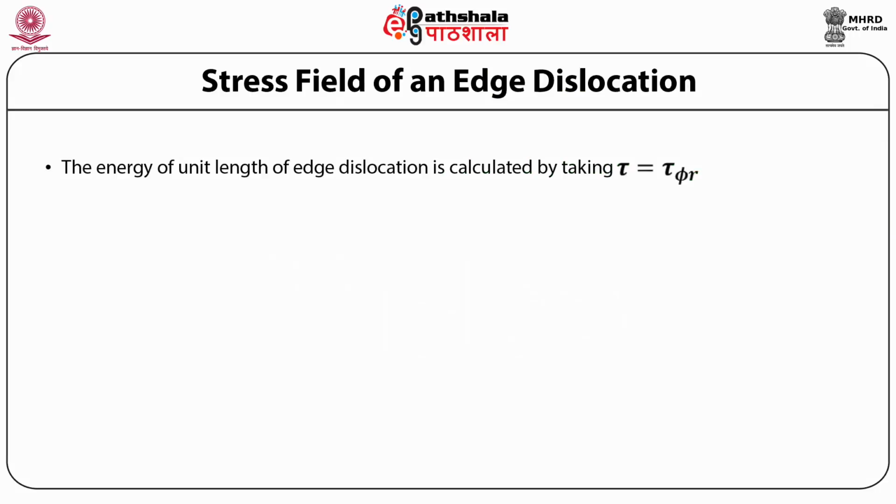The energy of unit length of edge dislocation is calculated by taking tau equal to tau phi r.